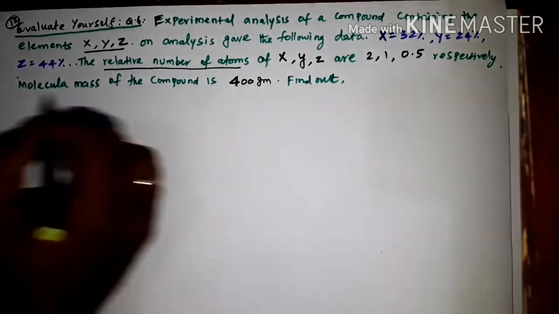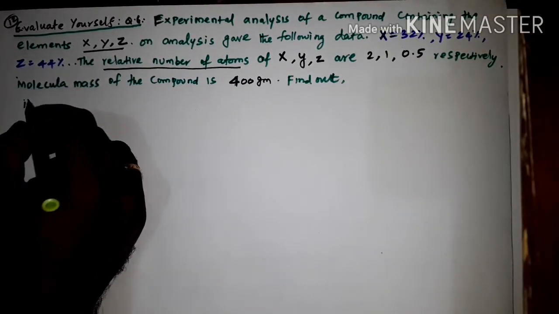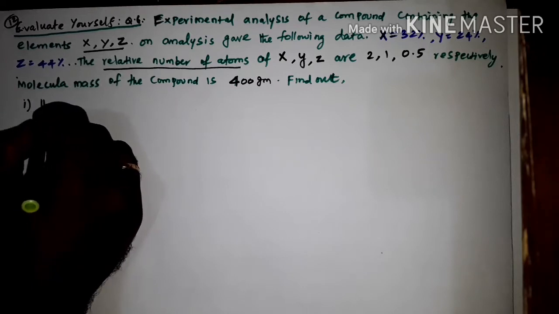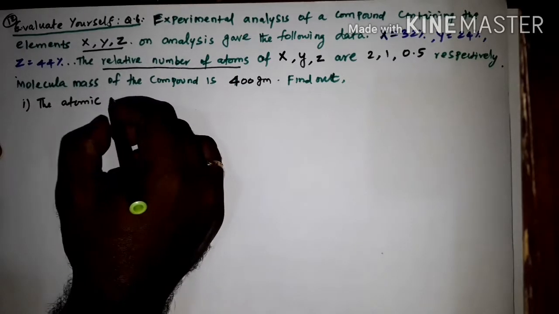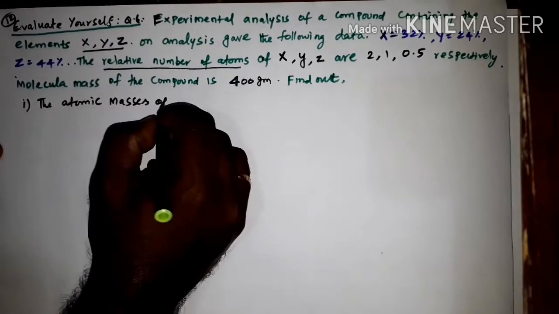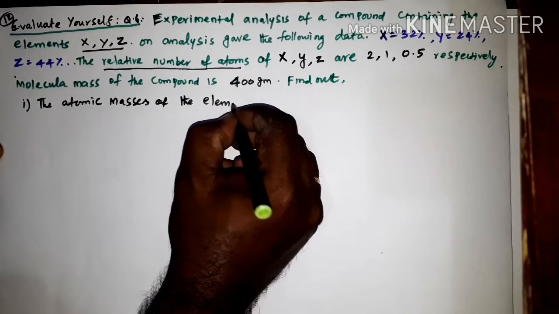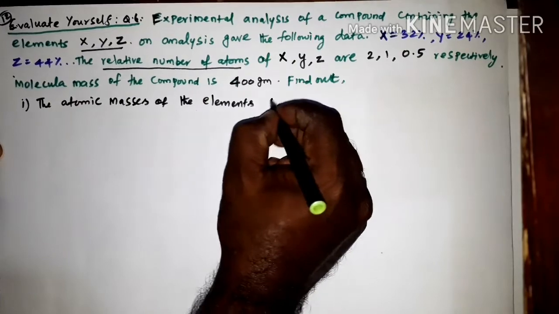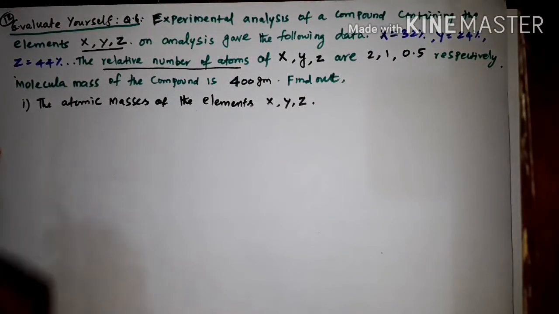Question number 1: from the data, you are going to find out the atomic masses of the elements X, Y, Z. Clear?